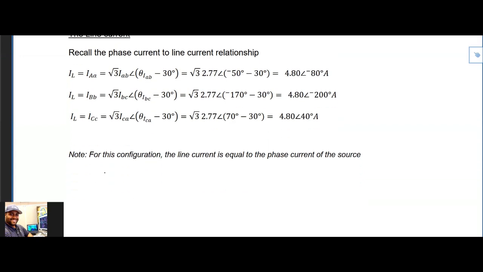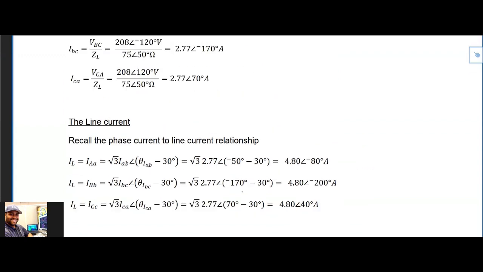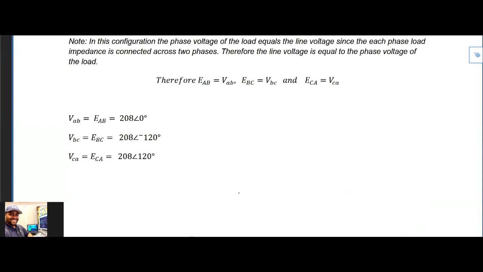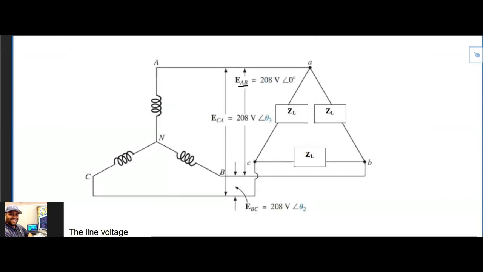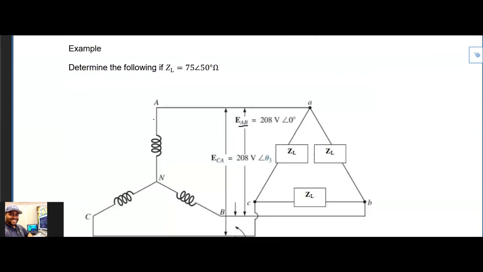All right, so here's a note for this configuration. The line current is equal to the phase current of the source. So in other words, what it's saying is the current that's flowing coming from the source is the same current that's flowing through the line.